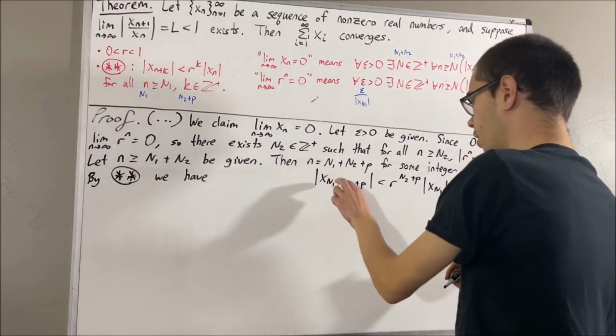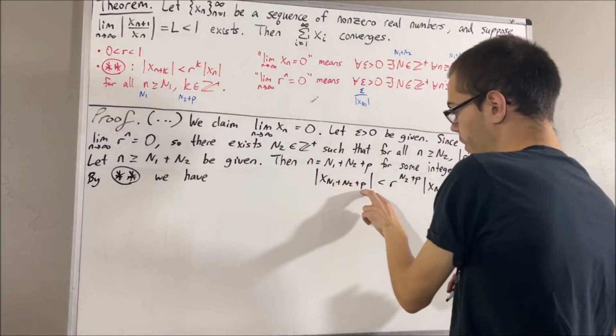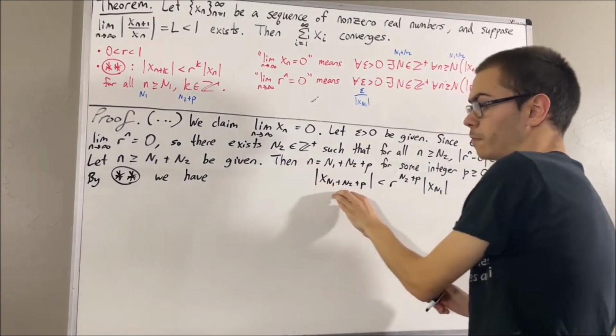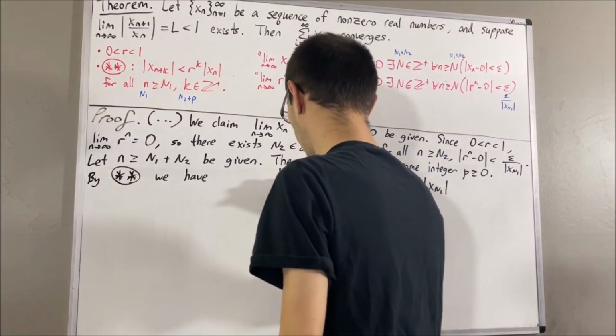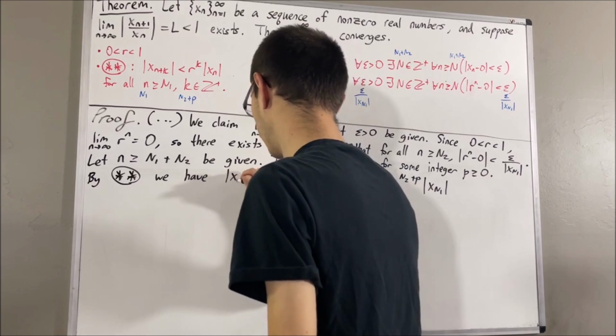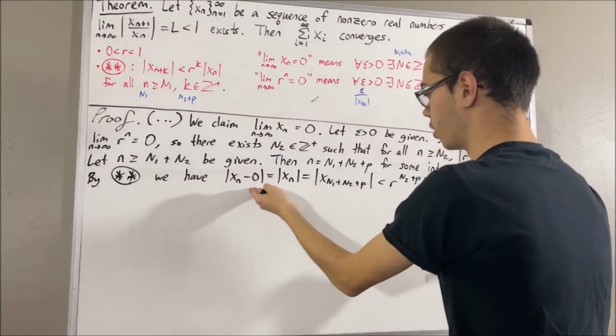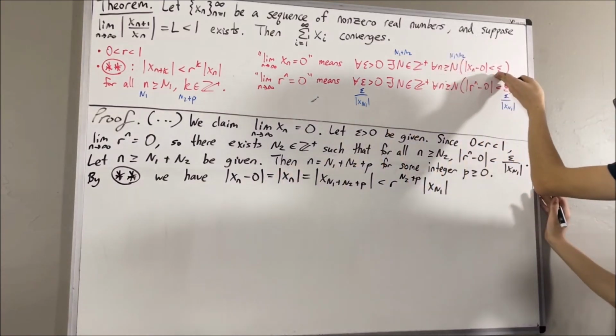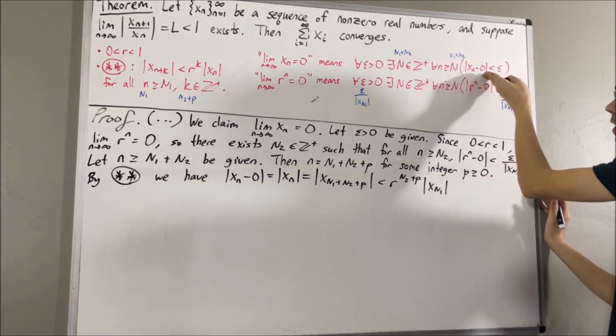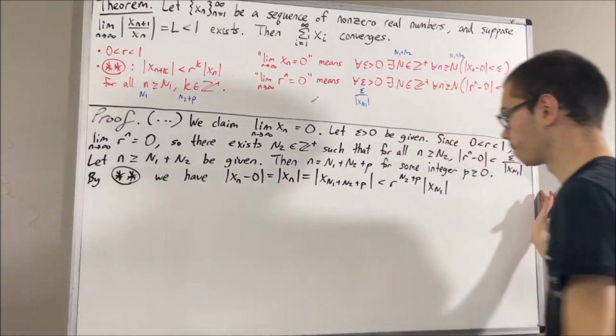And remember, capital N1 plus capital N2 plus p is equal to n. So this is just the absolute value of xn. And the absolute value of xn is just the absolute value of xn minus 0. The reason why I'm writing this is because we're in the process of proving this inequality. So I'm writing the left-hand side of the inequality right here.